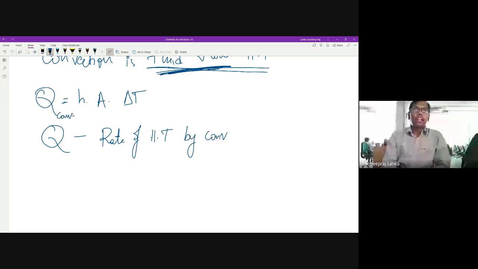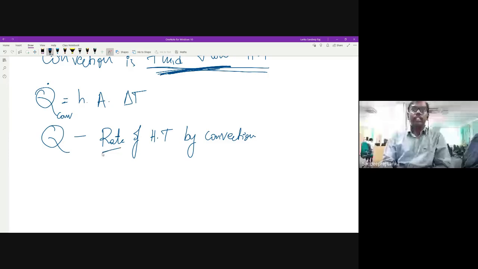Some textbooks write convection here. Whether I write it or not, it is by convection only, since we are speaking about convection. Some textbooks have a dot here. When there is a dot, they represent that it is a rate. Whether or not you have the dot, it will be a rate, because you are mentioning it in watts, which is nothing but joule per second.